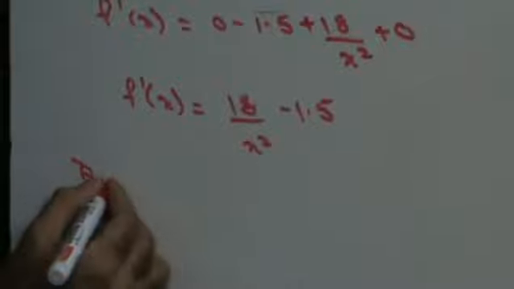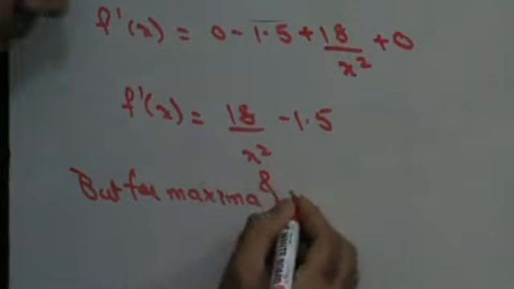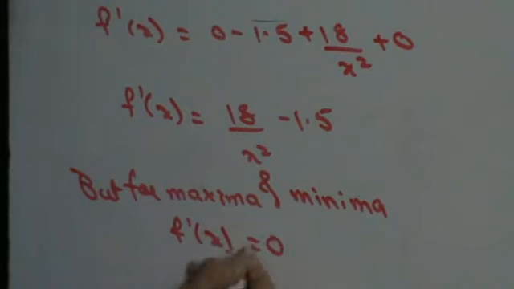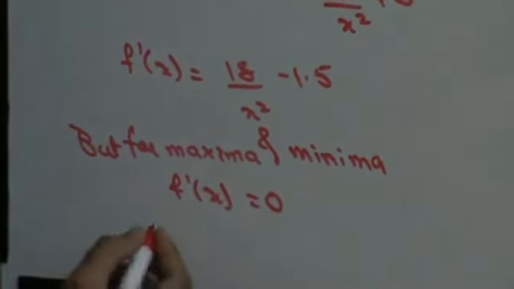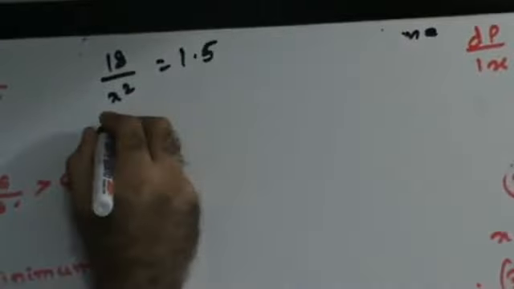But for maxima and minima, f bar of x should be equal to 0, right? Therefore I can say that 18 upon x square minus 1.5 should be equal to 0, in which case 18 upon x square is equal to 1.5.